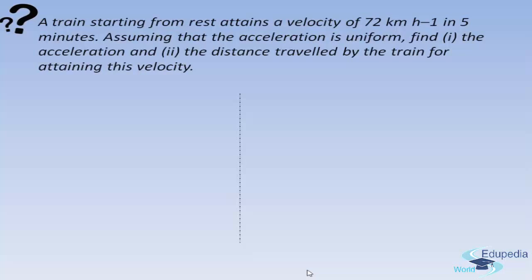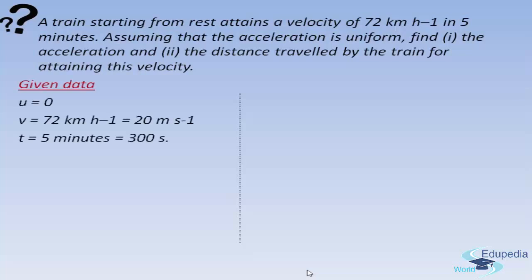Next, assuming that the acceleration is uniform, find the acceleration and the distance traveled by the train for attaining this velocity. So first we will write the given data: as I said, the initial velocity is 0, the final velocity is 72 kilometers per hour.